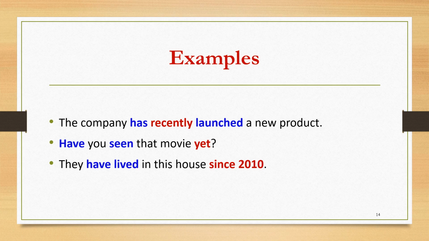They have lived in this house since 2010. So since 2010 means they lived starting from 2010 and they still live in that house up to the present. So this action started at some time in the past and is still relevant to the present moment.